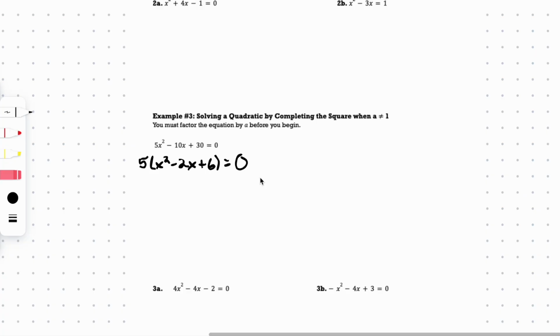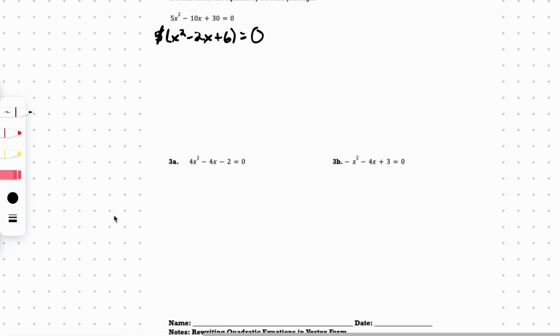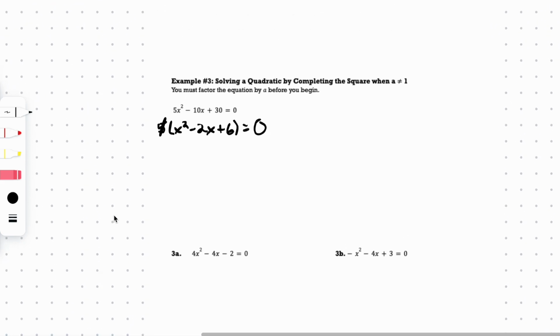Now, since it's an equation, I can technically just divide both sides by 5, and 0 divided by 5 is 0, so I can take that out. That's why I'm going to cross that out. But when you're graphing, you don't want to do that. When we're creating the actual equation, you want to keep that 5, because that 5 is important.